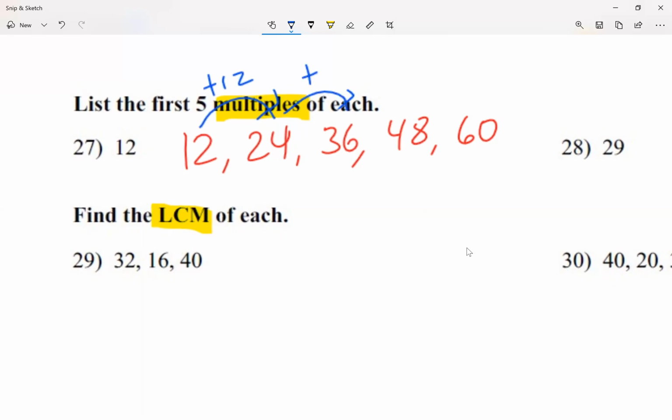So you can just add 12 plus 12 plus 12 as far as you need to go. Again, we learned that multiplication is when you're adding the same number over and over again. So the multiplication of 12, basically you start with 12, and each time you add 12 more.